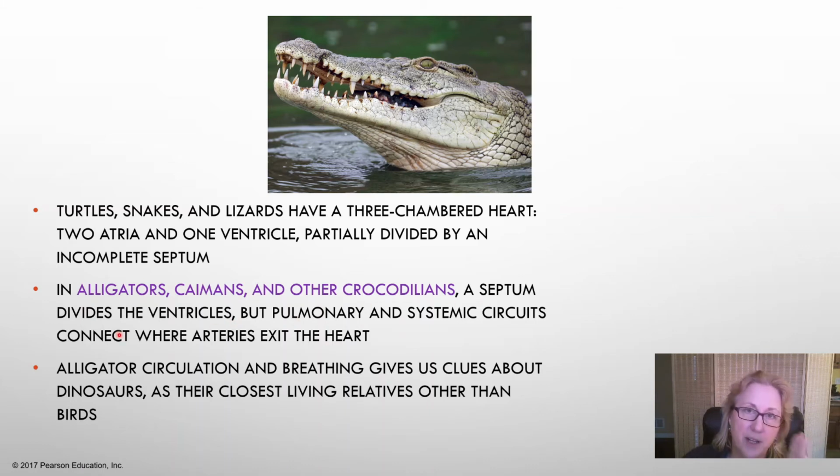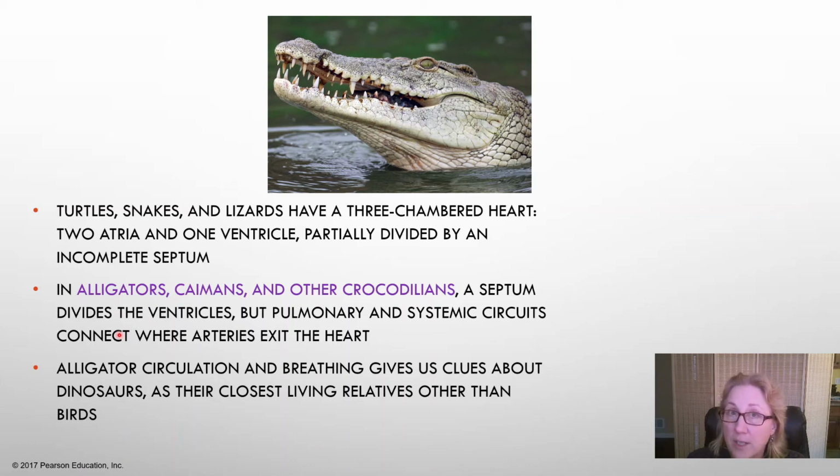So they actually have a 4-chambered heart. But it's not quite as efficient as mammals and birds, because there is still some mixing where the arteries exit the heart. So normally for our circulatory system, there's 2 completely separate arteries that leave the left and the right ventricle. But for crocodilians, those 2 arteries are kind of fused where they leave the heart, and so there is still some mixing of oxygenated and deoxygenated blood.